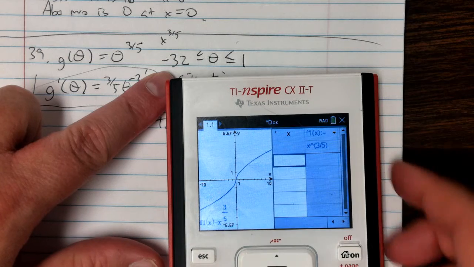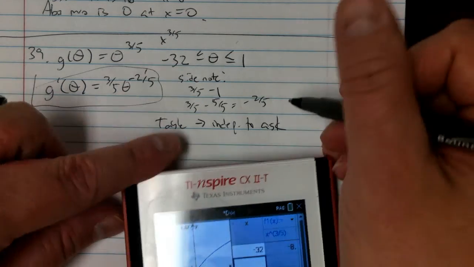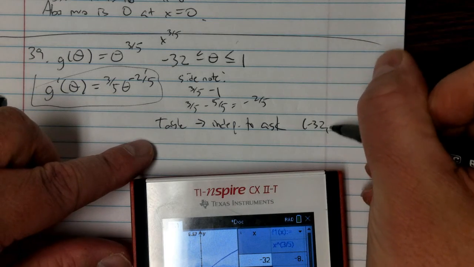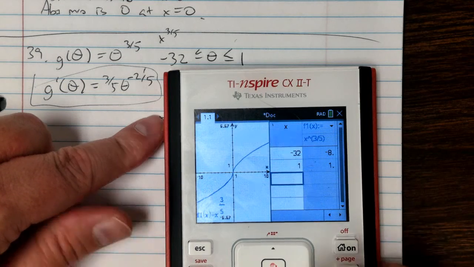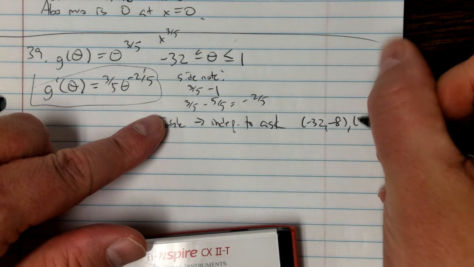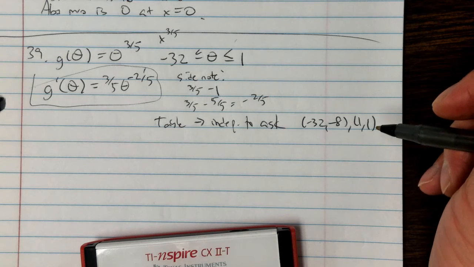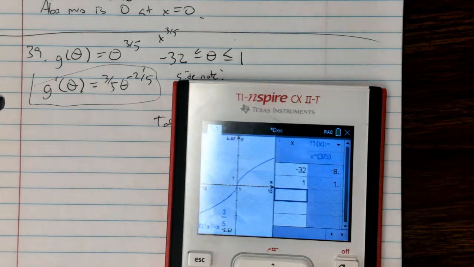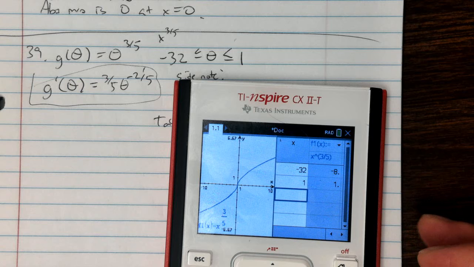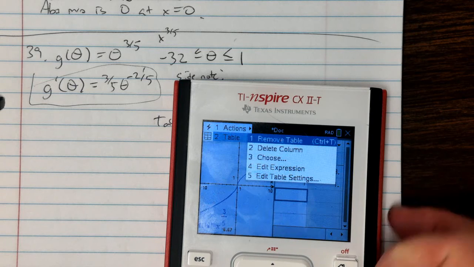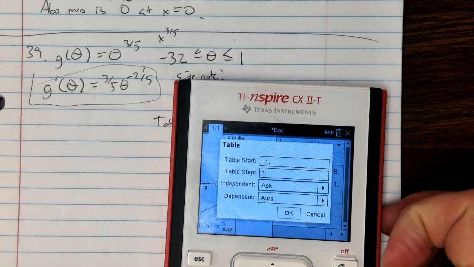And we want negative 32, and we get negative 8. And then we push 1, and we get 1. And this is a turning point, which is at 0, 0. I'm going to change this back to auto.